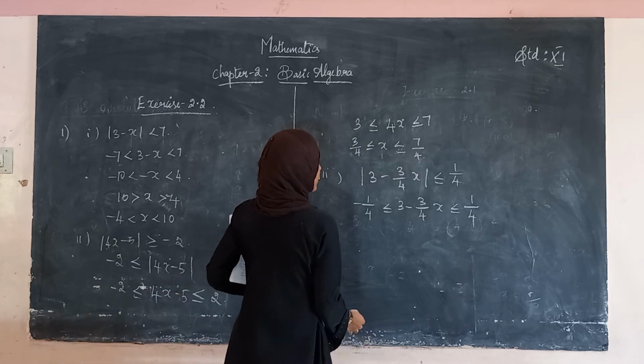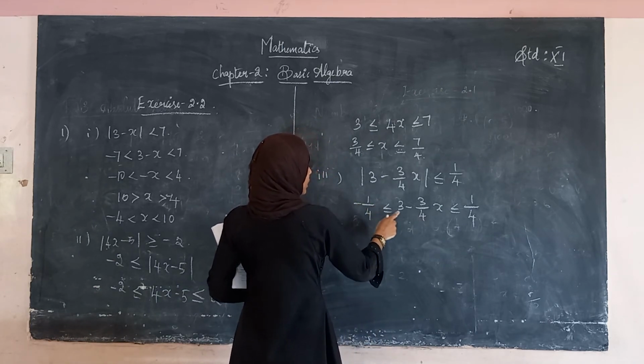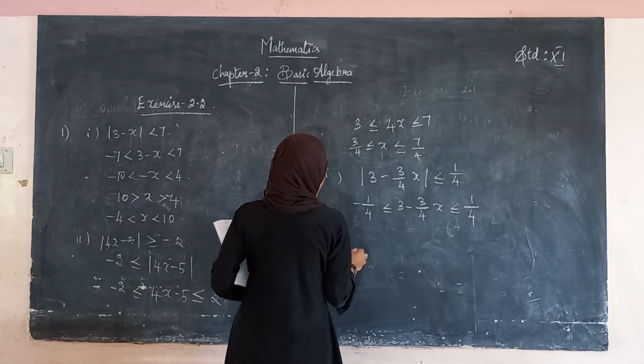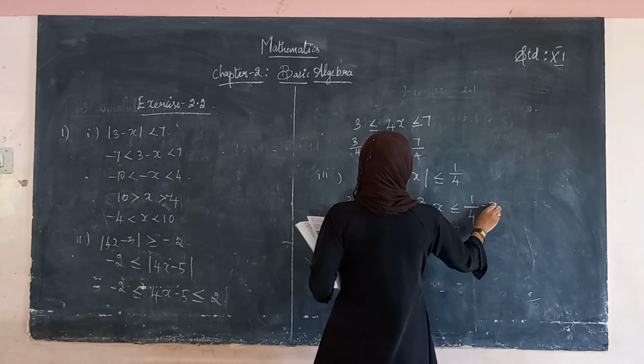Now see here, shall we take this 3 to this side? This is plus, and when it goes to both sides, it becomes minus 3. So minus 3 here, minus 3.